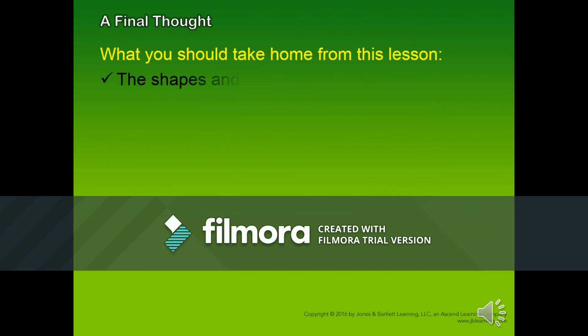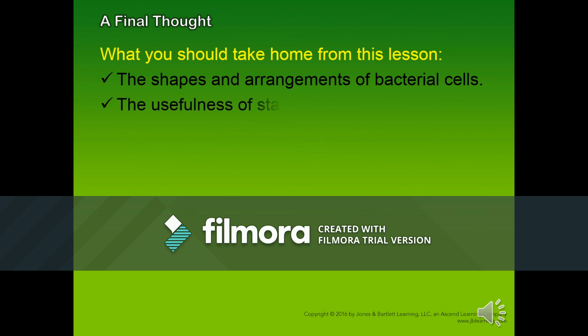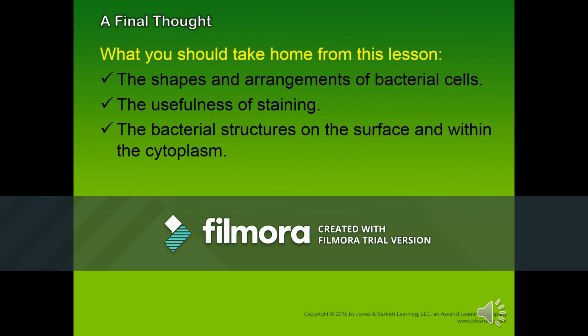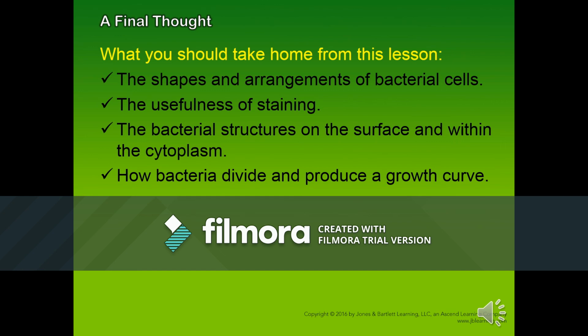The shape and arrangement of cell types, and I guarantee you cell shapes and cell arrangements will be on a quiz. What kind of staining we may use so we can see the cells better. The structure of different parts of the cell. How cells divide and reproduce, and also the parts of the growth curve.